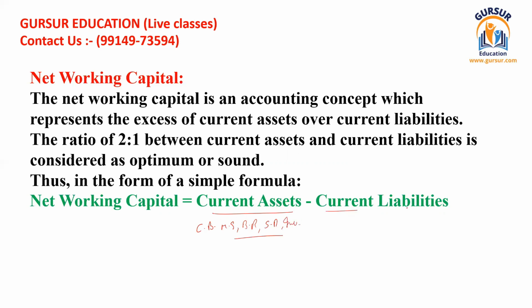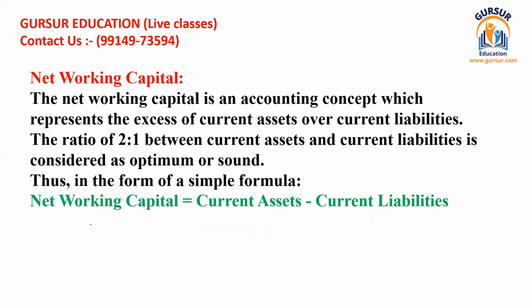As far as current liabilities are concerned, these are creditors, your bills payable, your trade payables, short-term bank overdrafts, these kinds of things. So when you subtract the total of your current liabilities from your current assets, the balancing figure that comes out becomes your net working capital.